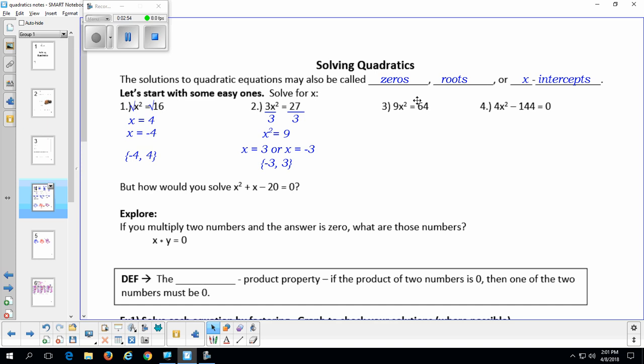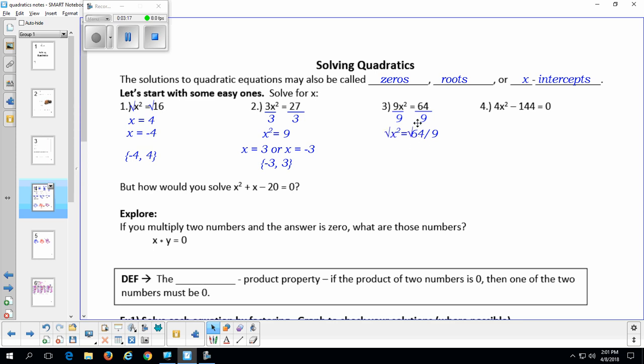All right, number 3. What's the first thing I'm going to do in number 3? I'm going to divide both sides by 9. Now if you do 64 divided by 9, you're going to get a decimal. Just leave it as a fraction, and you'll see why. Now how do I get rid of the x squared? I'm going to take the square root of both sides.